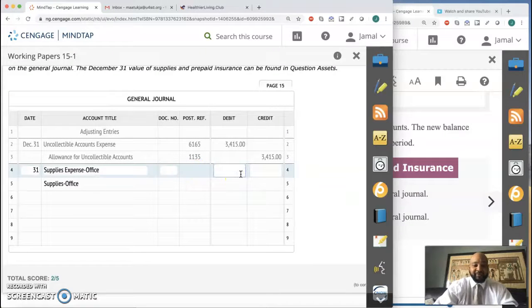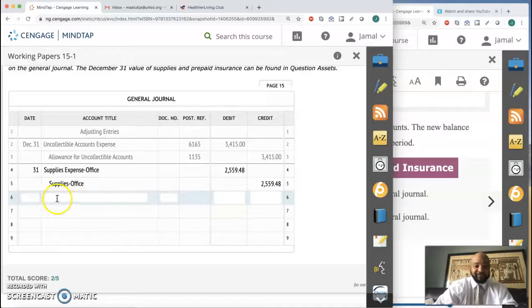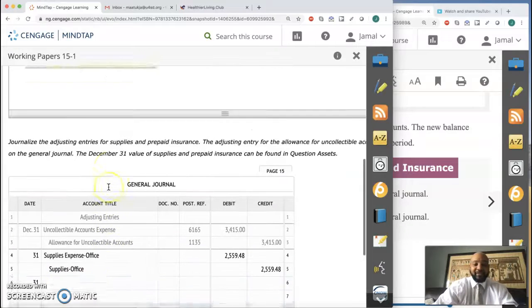So the expense is going to be $2,559.48, and office supplies credited for $2,559.48 because that's how much we used. Great. Need to do this one more time for our prepaid insurance.